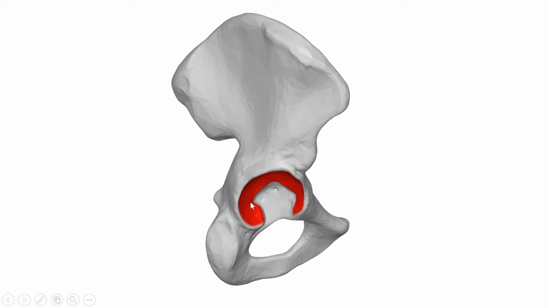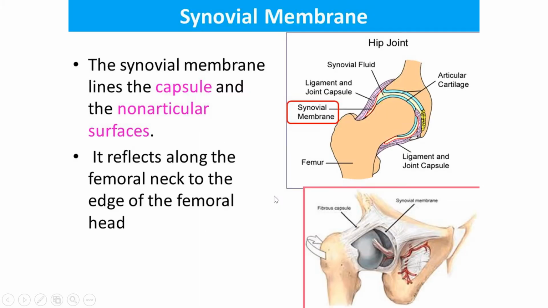It is an articular surface because it articulates with the head of the femur, and it is covered with hyaline cartilage. Whereas the central non-articular part, the acetabular fossa, is not covered with hyaline cartilage.